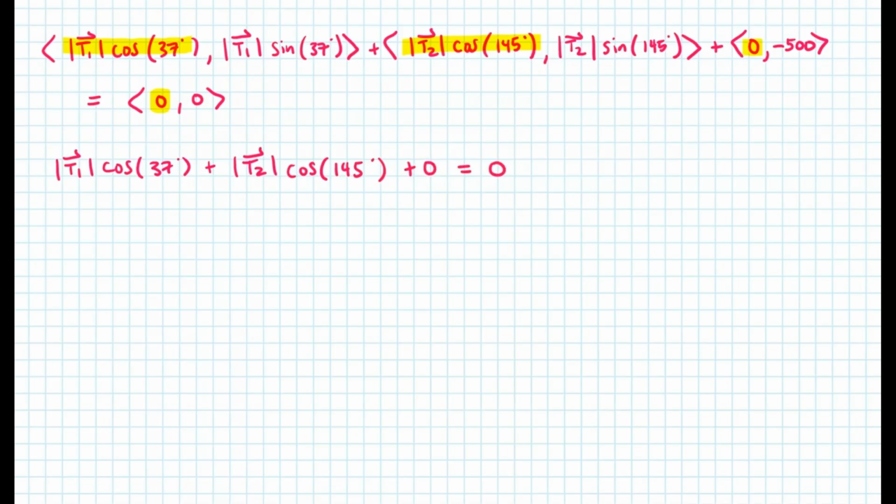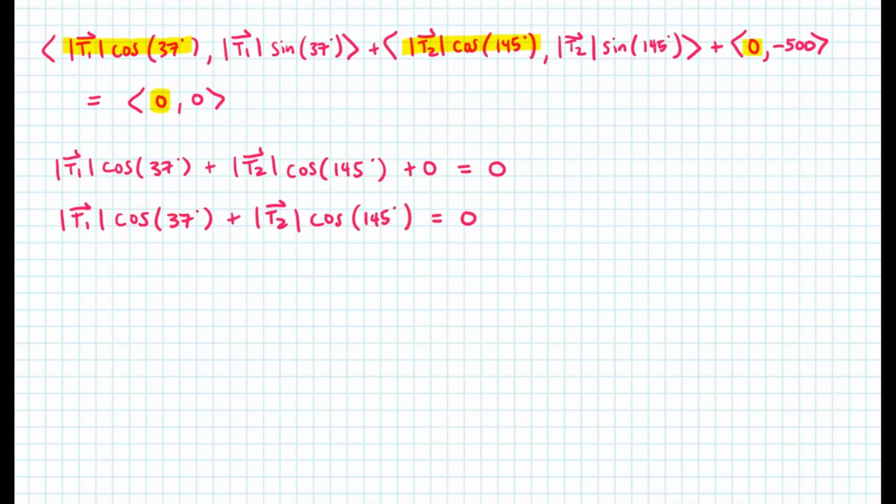So that is our first equation, and we can simplify this by subtracting 0 from both sides. So this would be an equivalent statement to T1 cosine of 37 degrees plus T2 times cosine of 145 degrees is equal to 0. Okay, so we have that equation there.